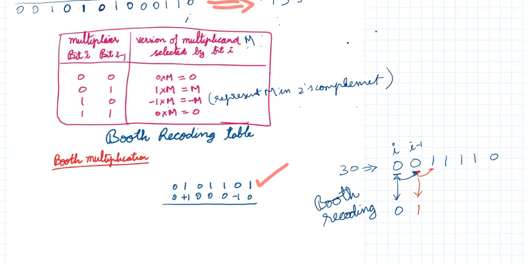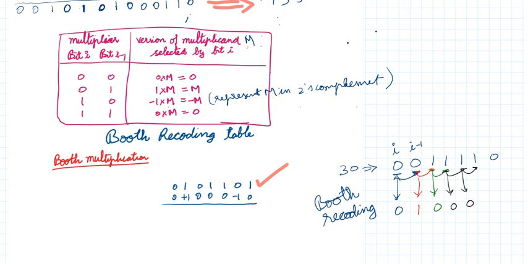Next, it is 1, 1. 1, 1 means, look at the table, you put 0. Again it is 1, 1, you put 0. Again it is 1, 1, you put 0. What are you getting the next one?